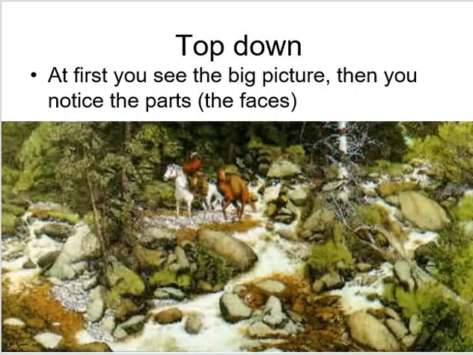Then you may see the individual faces. There are faces here. If you see those second, again, you saw the forest first, then the faces, top down. If you saw the faces first, and then you realize, this is actually a forest scene, that would be an example of bottom up.